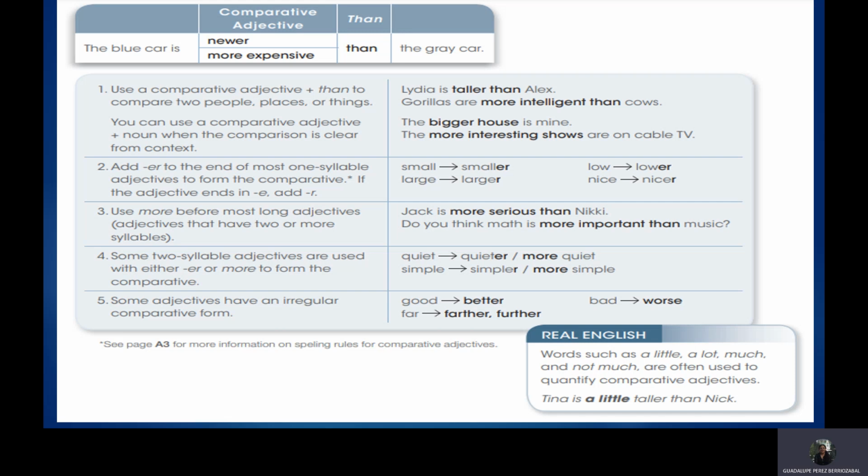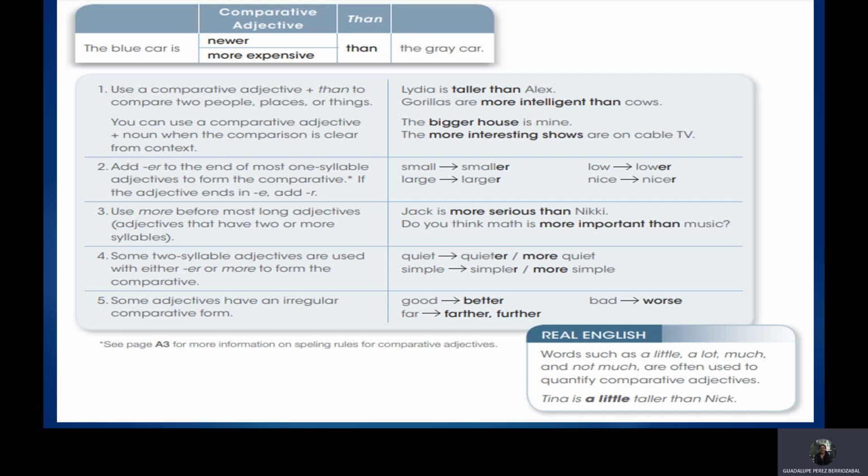So you can use a comparative adjective plus noun when the comparison is clear from the context. So in this case, we didn't use than plus the other thing to compare. For example, the bigger house is mine. Maybe there are a lot of houses, but the bigger is mine.